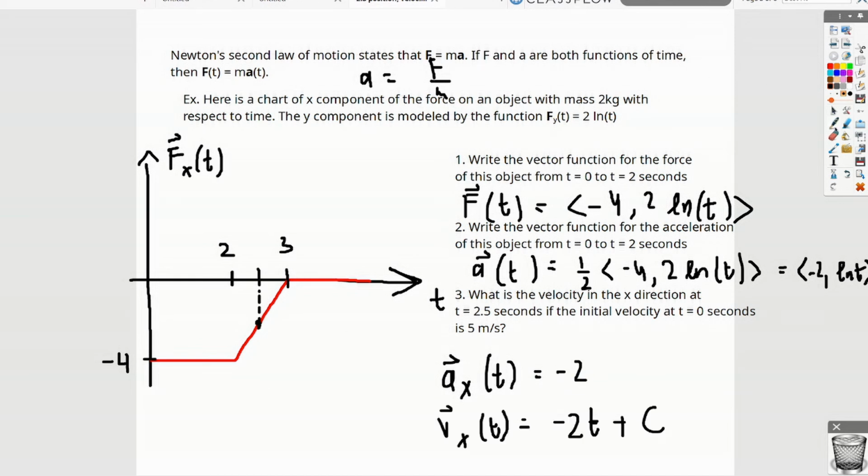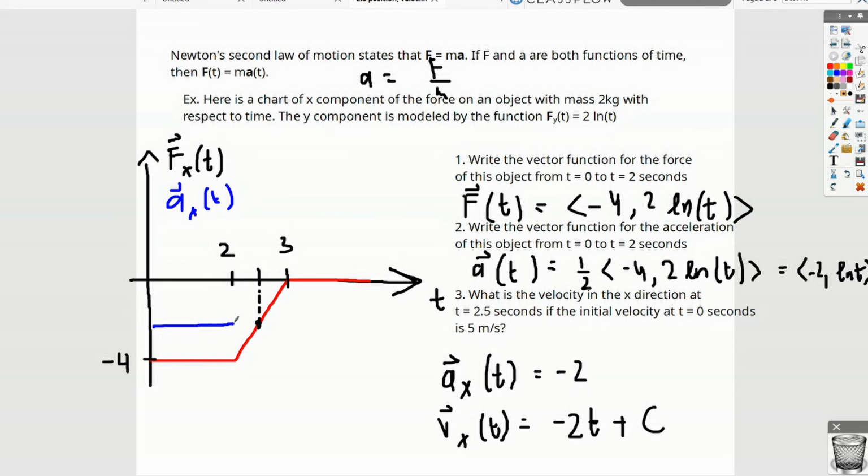So for the acceleration graph, if we did a x of t in another color, let's say blue, what you get for the graph is half, right?